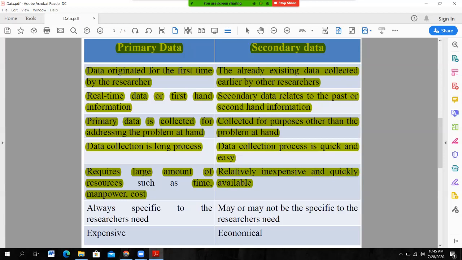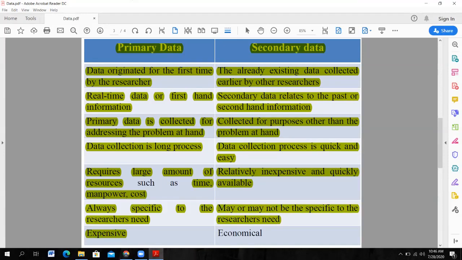Remember, primary data is always specific to the researcher's needs, while secondary data may or may not be specific to the researcher's needs. Primary data collection is quite expensive because a large amount of resources are required for its collection. The researcher utilizes their time, the manpower will be utilized, and also the collection of data is a costly operation.